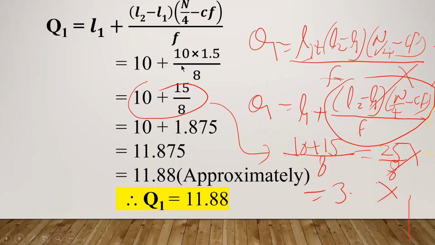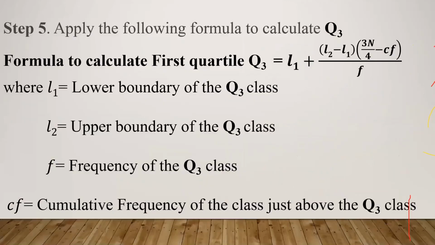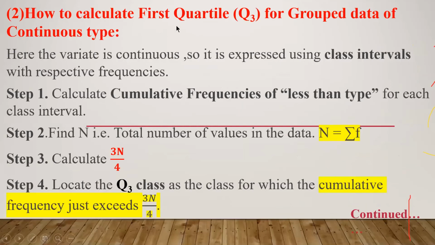So this is how we have seen how to calculate Q1. Now this is just like the median. The only difference is here it is n by 4. Now we will see how to find Q3. Look at here the steps for Q3, how to calculate. I think here I have made a mistake.